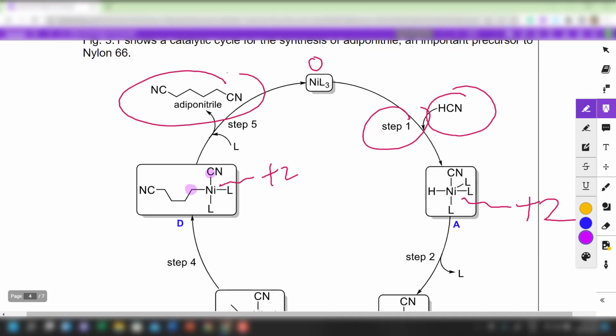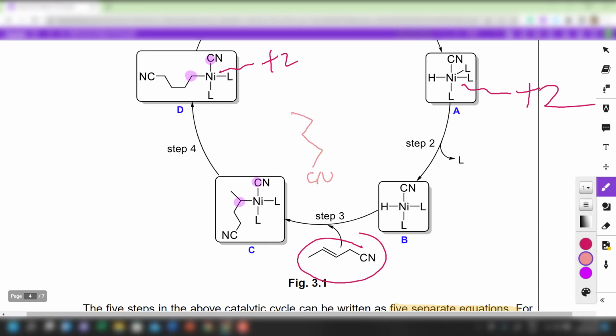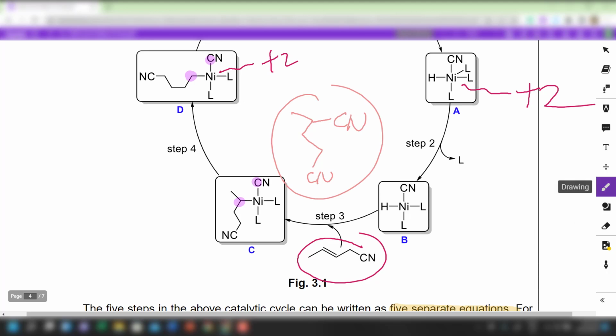The carbon directly bonded to the nickel will interact directly with the cyanide. So if you go through the same logic, then you'll know that the product is formed between these two. Because of that, you can quite easily draw compound E, which is like this. I hope it's not too daunting after the review.